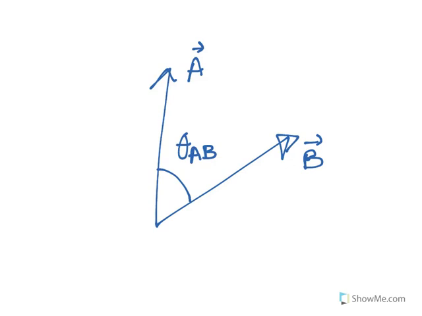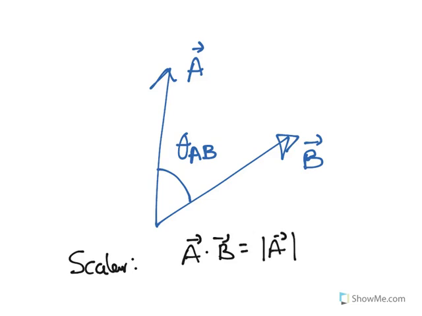And the scalar product A dot B, once again, is going to be the magnitude of A times the magnitude of B times the cosine of the angle between both of them.